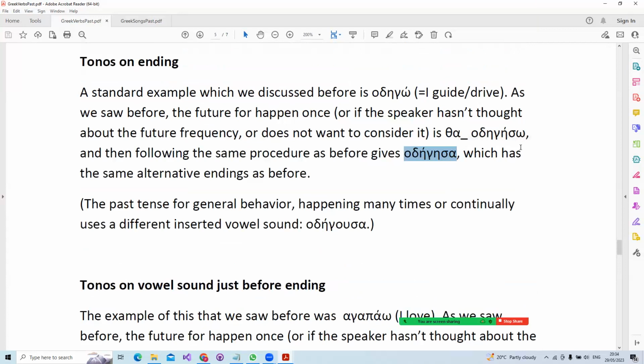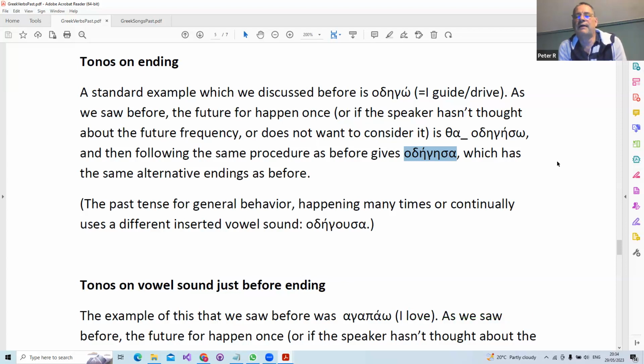You said it's οδήγησα. Why wouldn't it be ye? Okay, I was wondering why it wasn't ye, but I didn't know if I heard it wrong. So gamma. If you know them as hard vowels and soft vowels, or front and back vowels: if the vowel after it is an E or an I, then it becomes ye.